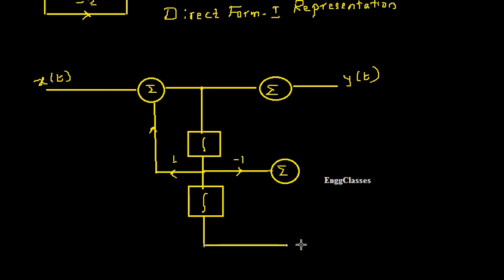From this point, I need to add it with the previous signal somewhere here, and this gets added up with the signal. And I said just be careful with the direction. This is how the direction is going to be. Is it correct? And this was minus 1 and this is minus 2.